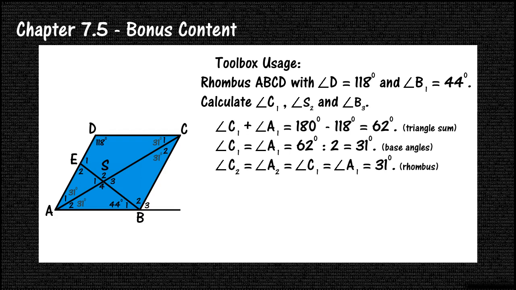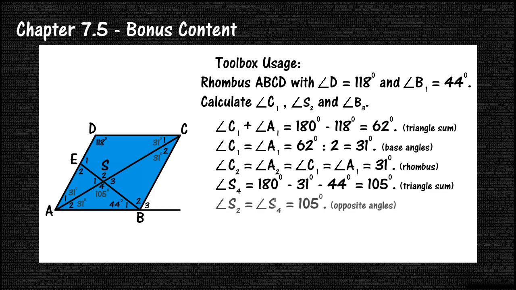This causes me to be able to calculate the size of angle S4 in the smaller triangle. 180 minus 31 minus 44 is equal to 105 degrees. And angle S2 is opposite of angle S4, so angle S2 is also 105 degrees.